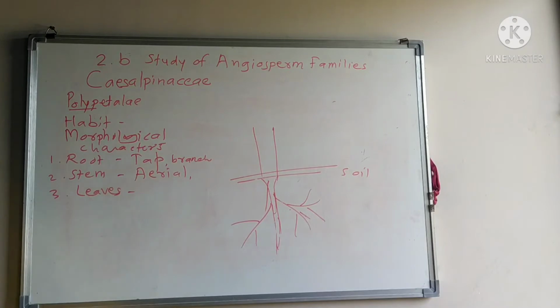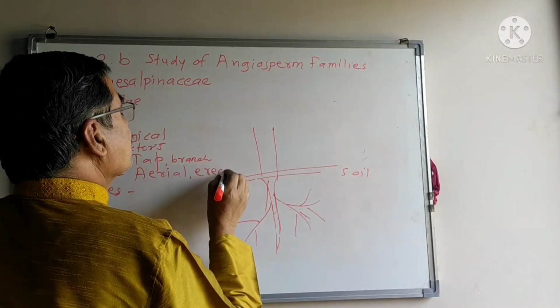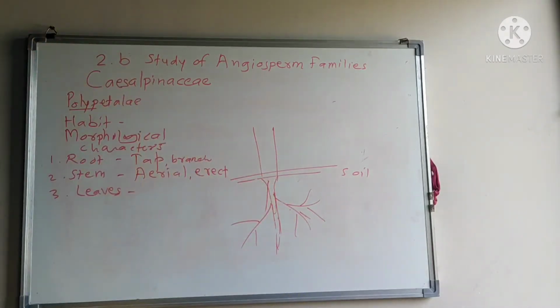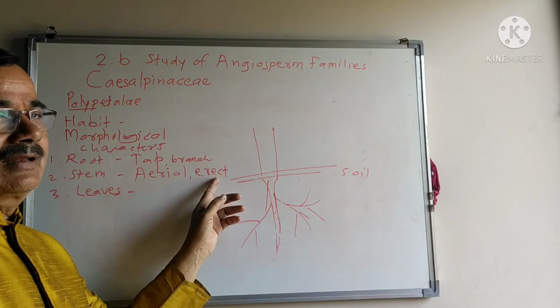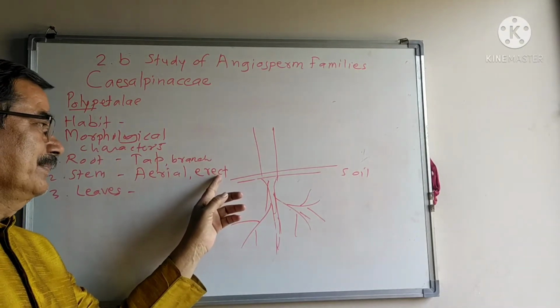When the aerial stem grows vertically erect, it is known as an erect stem.